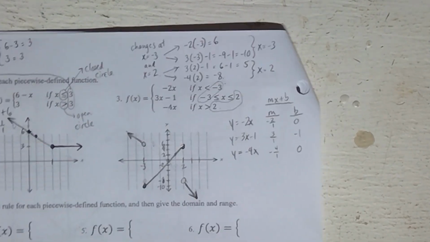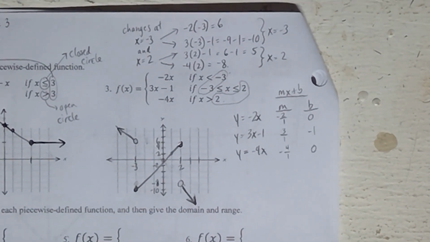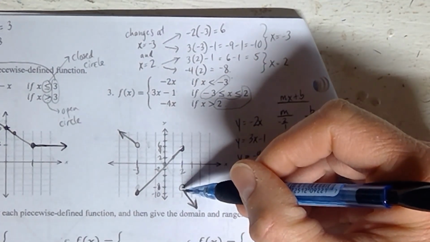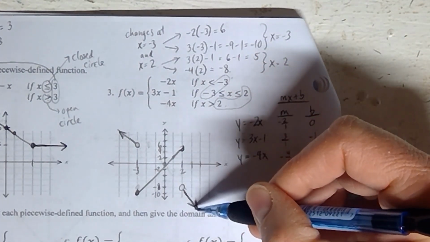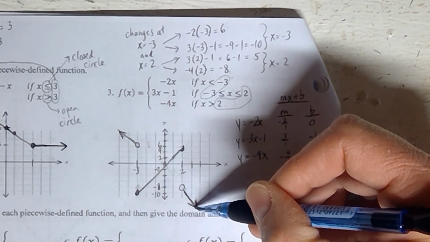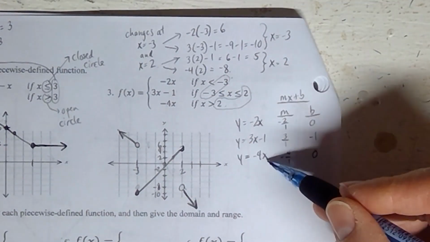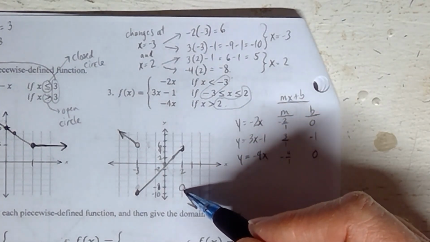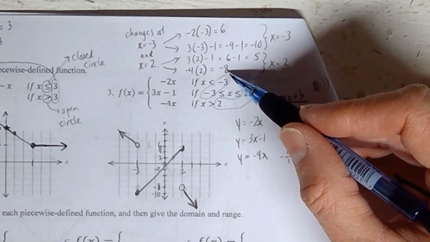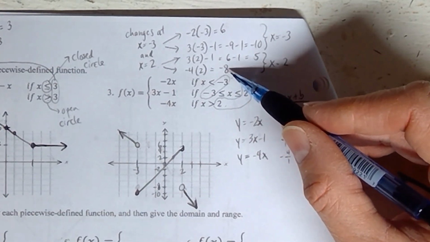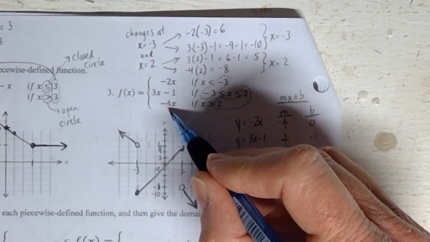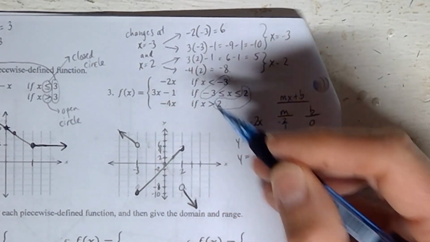Okay, sorry, I need to zoom in there, don't I? I apologize, I didn't zoom in there right away. So again, we just keep the part that is to the right of the 2, graphing the negative 4x, and then we put the open circle where the negative 8 is, because that was from the third formula right there.